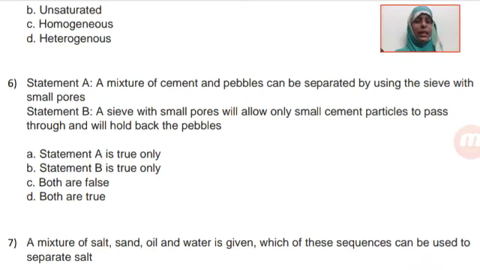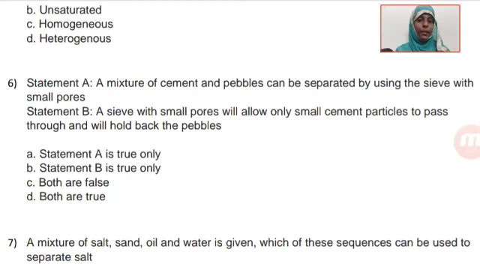Among these statements, the options are: option A, statement A is true only; option B, statement B is true only; option C, both are false; and option D, both are true. To know which one is true, let me read it again carefully. Statement A is a mixture of cement and pebbles can be separated by using a sieve with small pores.